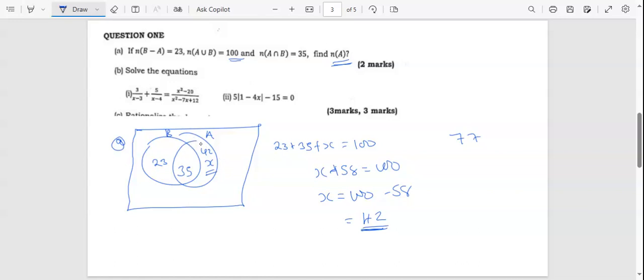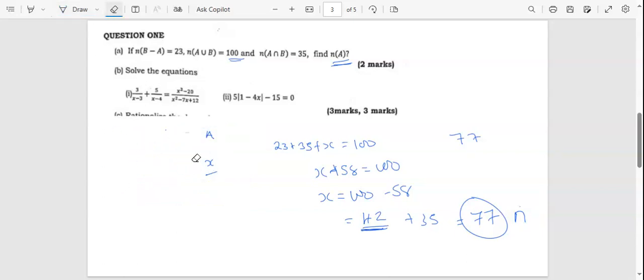Then again, just for B it will be something else, like 58, something like that. For B, you add 42 plus again the 35 that we have there to get 77. So those are the number of A. All right, so let's go to the next question.